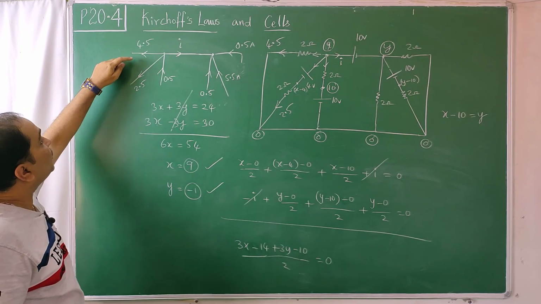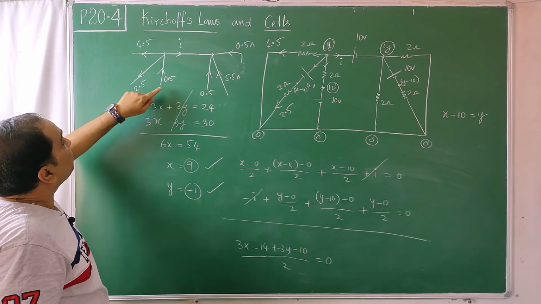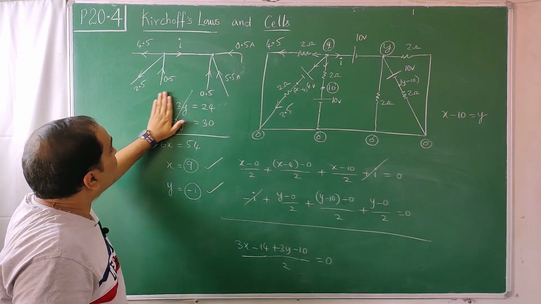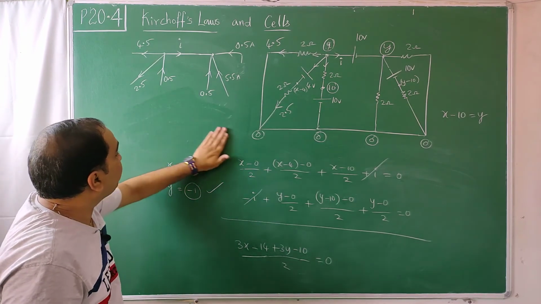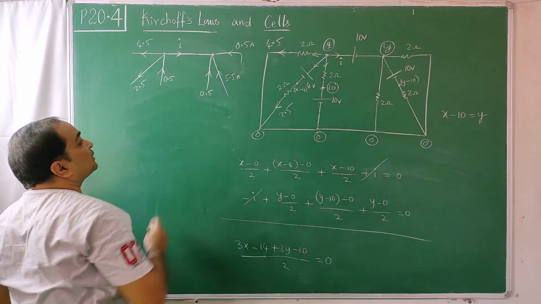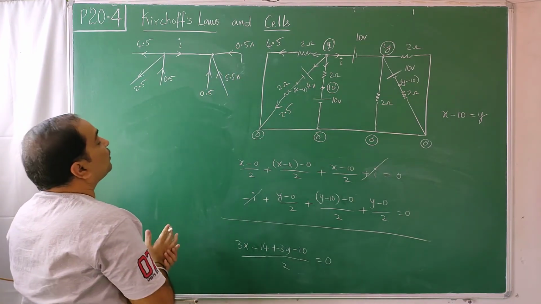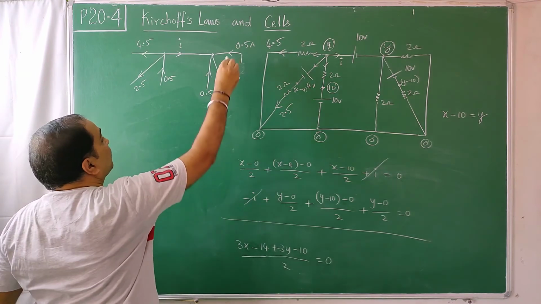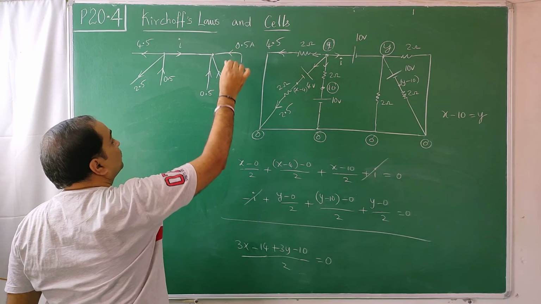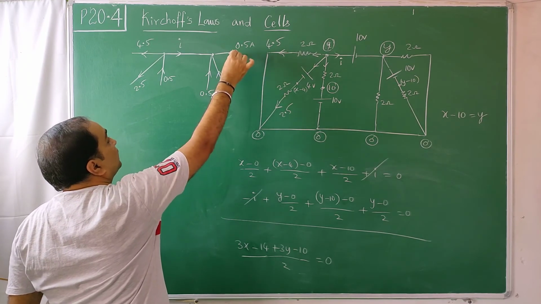What about this one? 4.5. It should fit into our mathematics. Let us add this, this and this. How much are we getting? 0.5, 5.5, 6, 6.5. 6.5 is incoming.